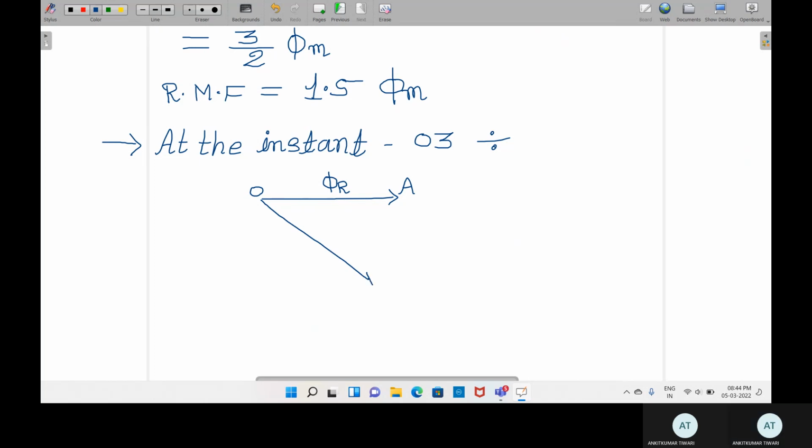This is the OB vector, called phi b, and we will draw the resultant of it.